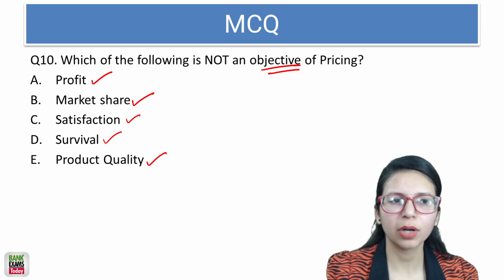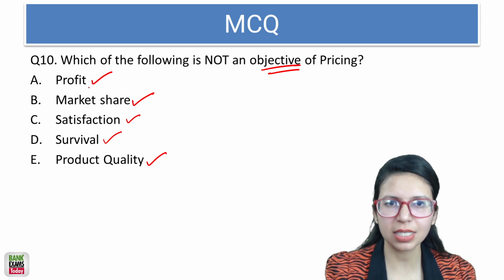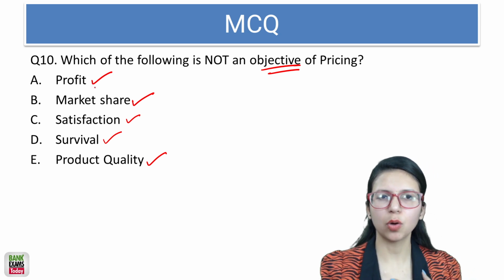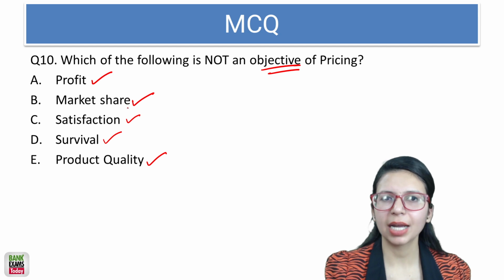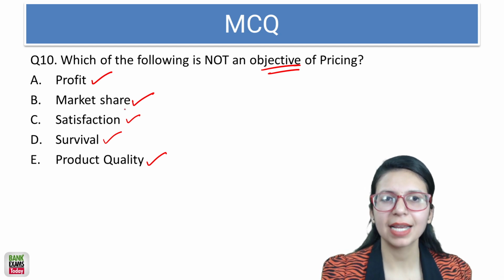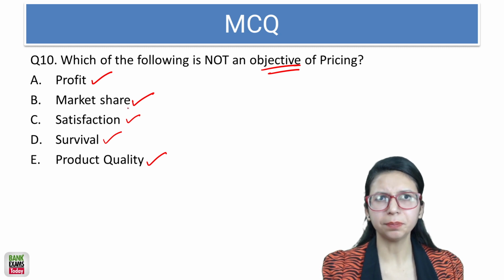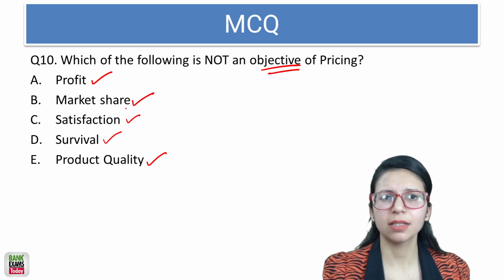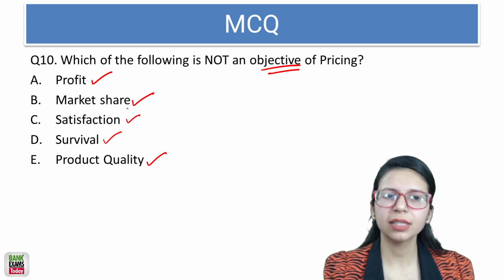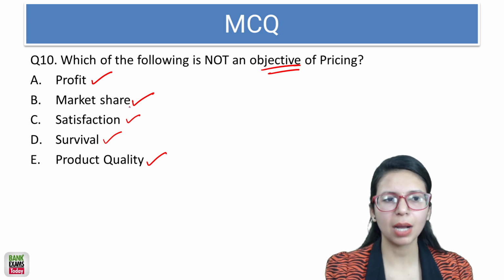Now, while setting a price, we will see that this is the profit margin that we want to keep, and market share. Yeah, market share is again part of pricing, that with this price we will be capturing this much market share in the market.